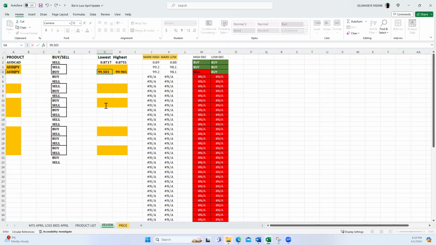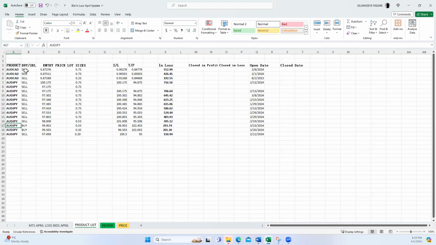So let's check for the sell, just the same way we did for the buy. So for the sell, which is the remaining, what's our highest price? You can see our highest price is 100.175, and our lowest price is 97.302. Let's see. Yeah, 97.302.